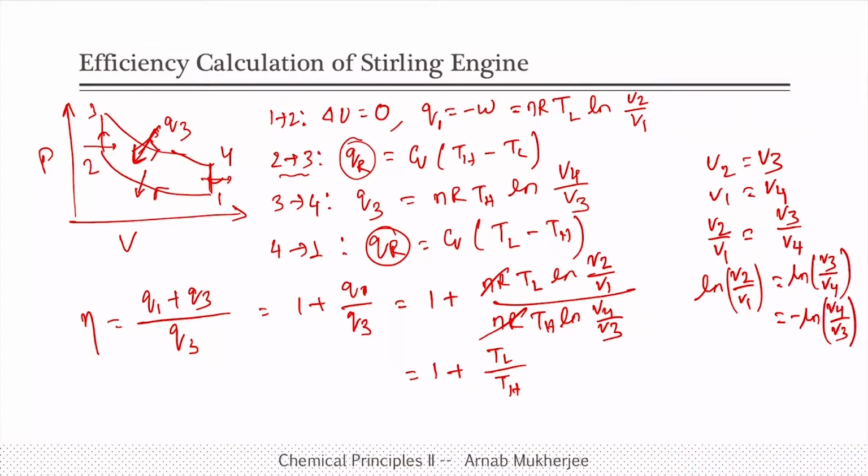So, we can write minus ln V4 by V3 over ln V4 by V3, which cancels, and we get 1 minus TL by TH. So, this is an engine which works between two temperature reservoirs TL and TH, and it has exactly the same efficiency as that of the Carnot engine.